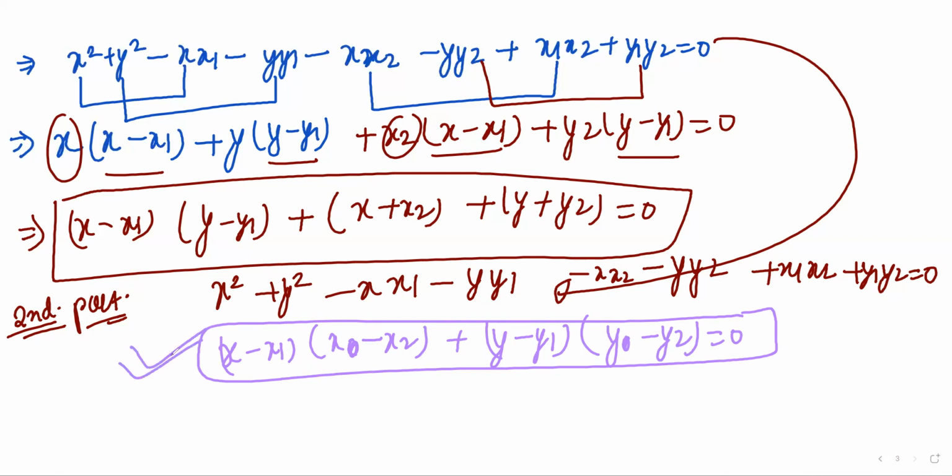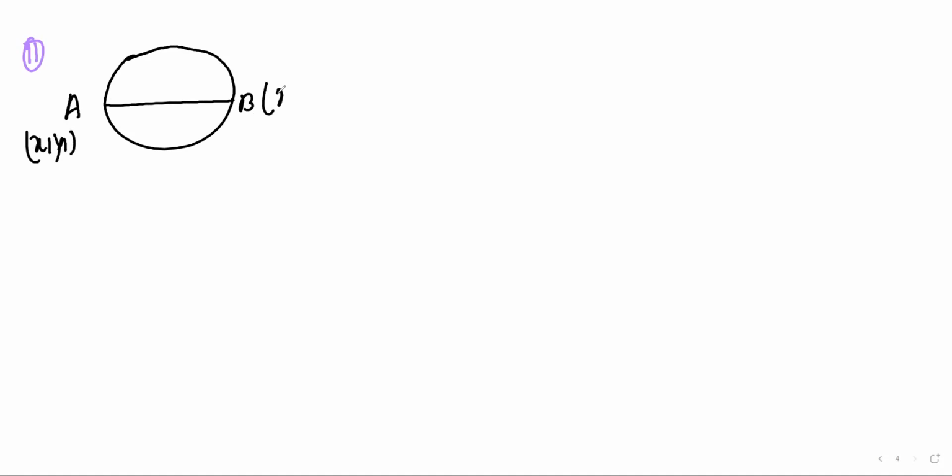So right up to this point. Let's see the next method, how to solve. By the next method, suppose this is the circle having diameter AB, having the coordinates x1, y1, and this is your x2, y2. So we have taken the point P here, coordinate is x comma y.